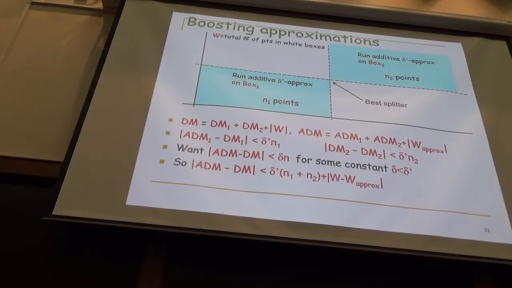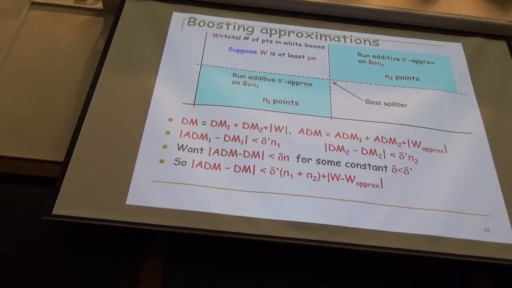Why should you hope that delta is going to improve? But what we can say is, ADM minus DM is at most delta prime times (n1 plus n2) plus W minus W approx. And the point is that n, the number of points, is not n1 plus n2. It's n1 plus n2 plus the number of white points.